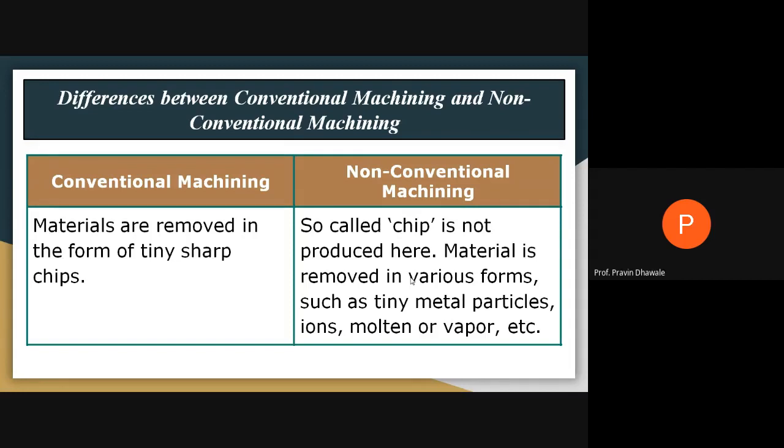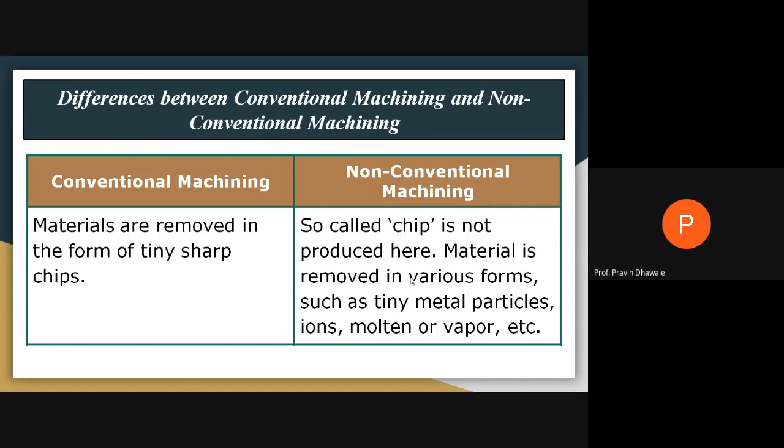If you are considering non-conventional machining, the chip will not be produced over here. Material is removed in various forms. It may be in the form of small metal particles, small ions, or in cases the material gets melted or vaporized.